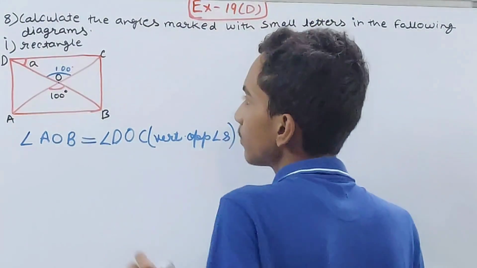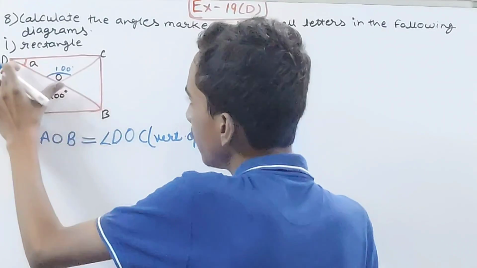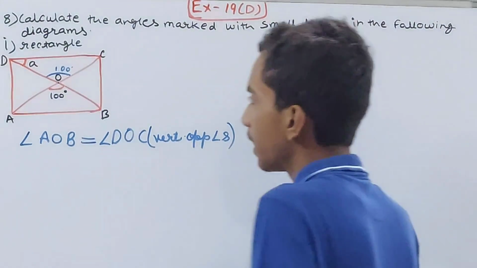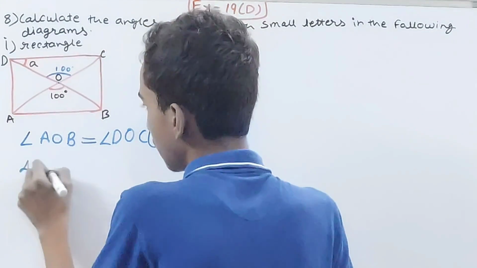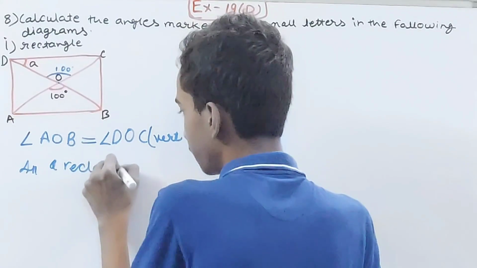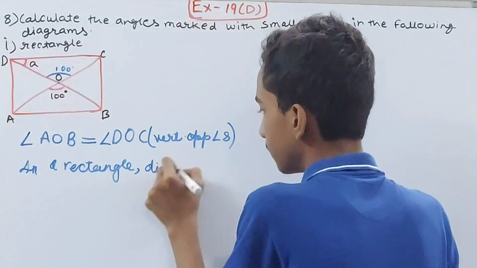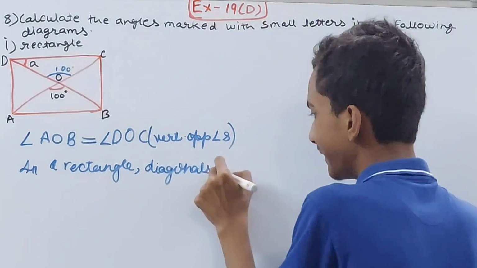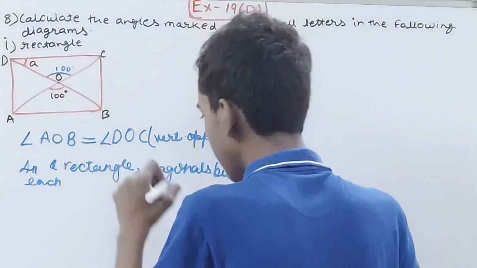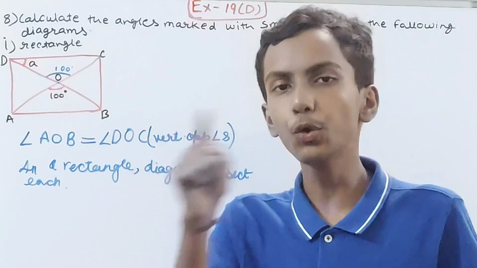Now look, DOC is 100 and ODC is A. In a rectangle, the diagonals bisect each other, they divide each other into two equal halves.